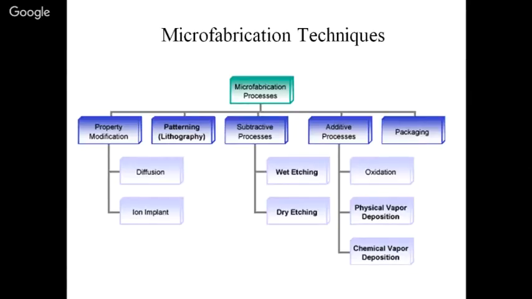So next are additive processes. Additive processes: oxidation, physical vapor deposition, and chemical vapor deposition. Oxidation is the interaction process between oxygen molecules and the substrate.